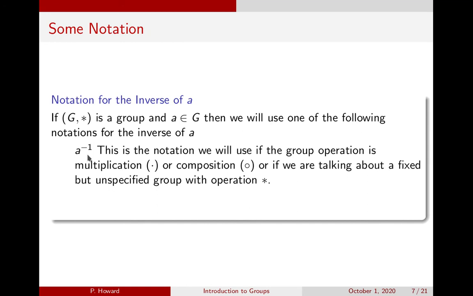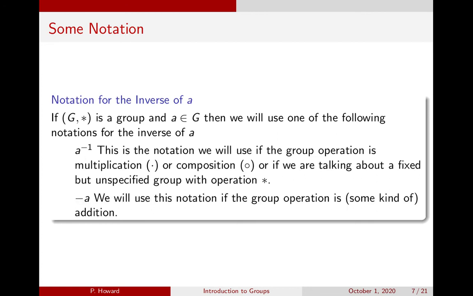And this is what we will use if the group operation is multiplication of some kind or composition of functions, or if we're just talking about an unspecified group with an operation star, we will use this notation for the inverse of an element A. If the group operation is some kind of addition, then we will use -A as our notation for the inverse of an element A.